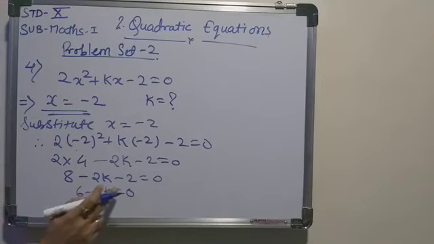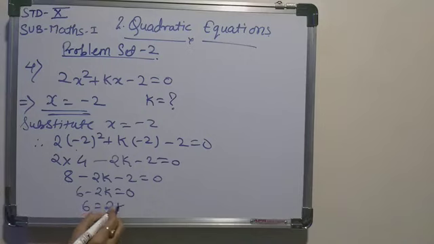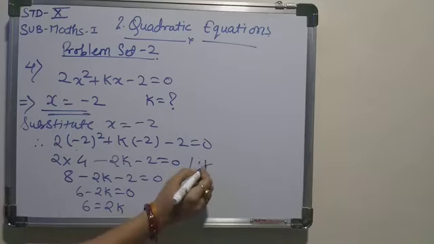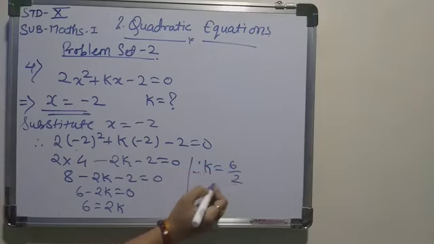Shift this minus 2k over here, so you will get 6 equals 2k. Now this is in multiplication form, so this 2 will go to the denominator and divide the 6. Therefore k equals 6 upon 2, k equals 3. So the value of k is 3. This is the solution of question number 4.